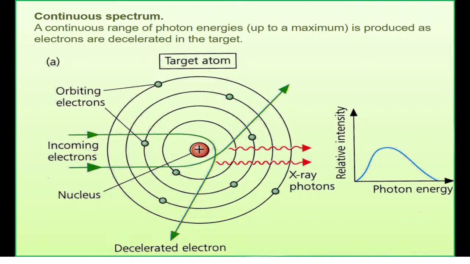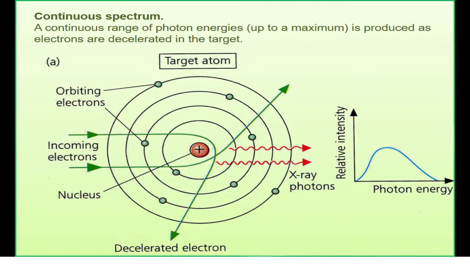Thermo-ionic emission of the electron from the filament produces the electrons with different initial velocities. So the acceleration into the space between the filament and target in turn provides electrons with different final kinetic energies.